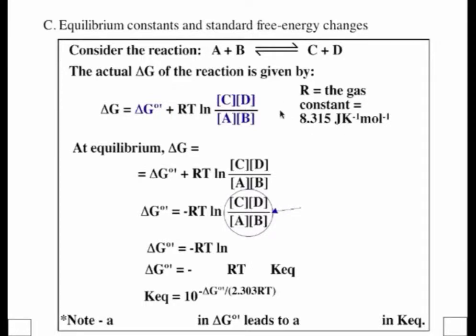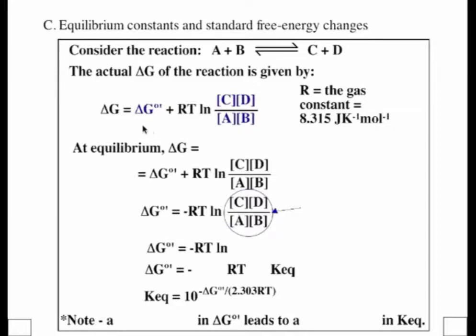Now, we're going to come back to this idea of relating actual delta G and biological standard state delta G after introducing another term, one that you will recognize, and showing how it relates to the standard state delta G.